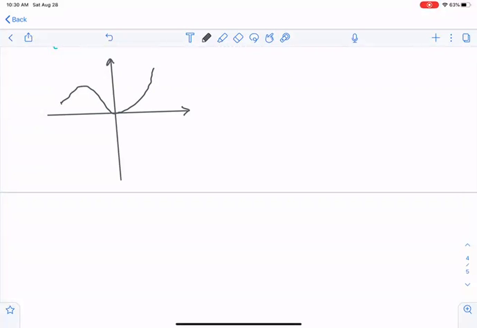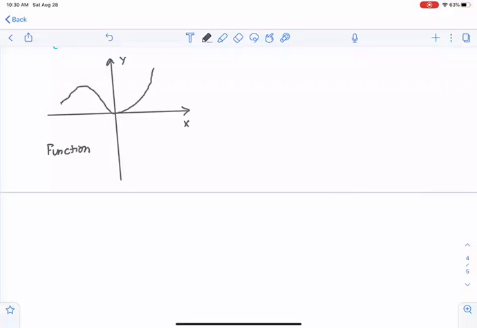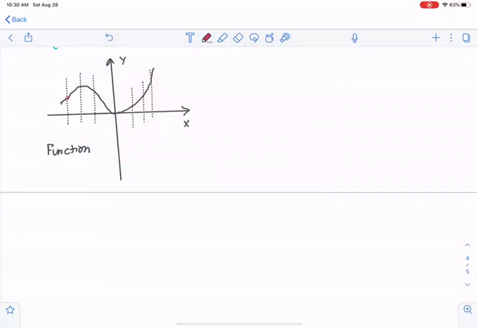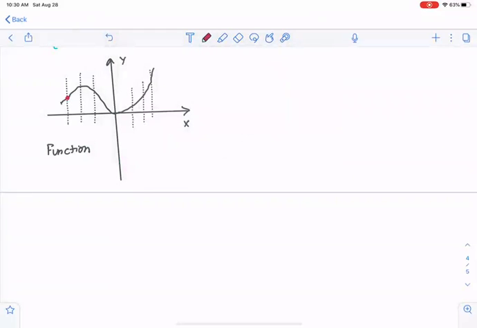So this is a function because I could draw vertical lines, no matter where I draw the vertical lines, they touch the curve at exactly one point. So that is a function.